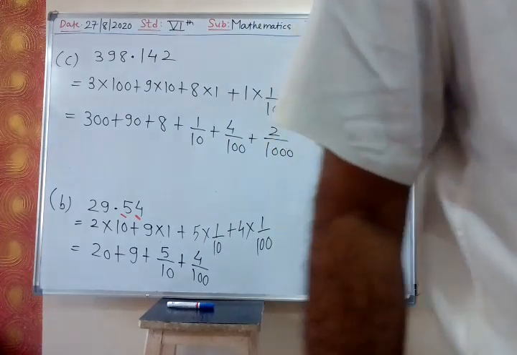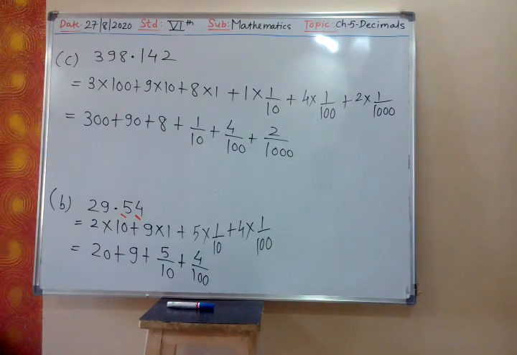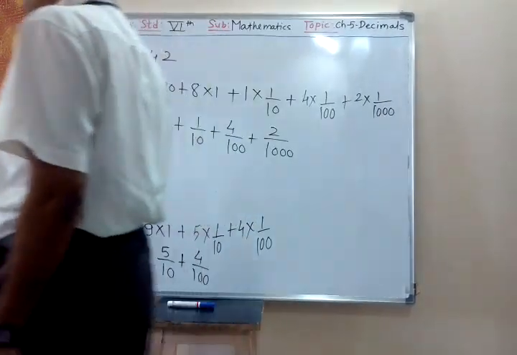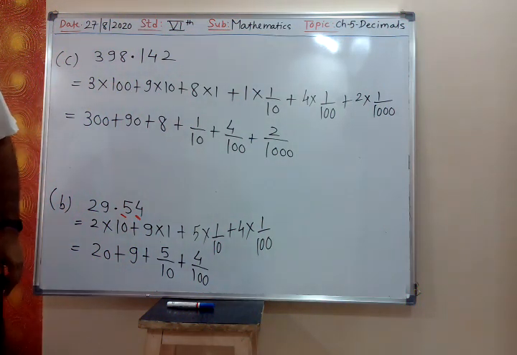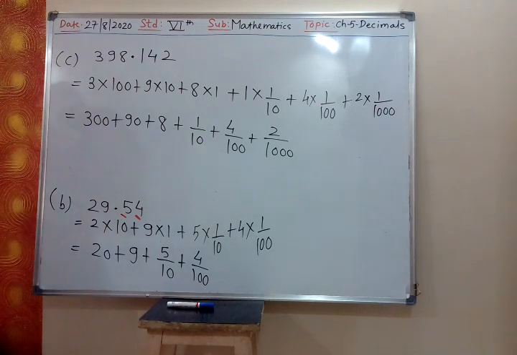Alright. See, after decimal, the position of the first digit is tenths. The second digit is hundredths. The third digit is thousandths. After decimal I am talking. If you know, you can write directly, no problem.